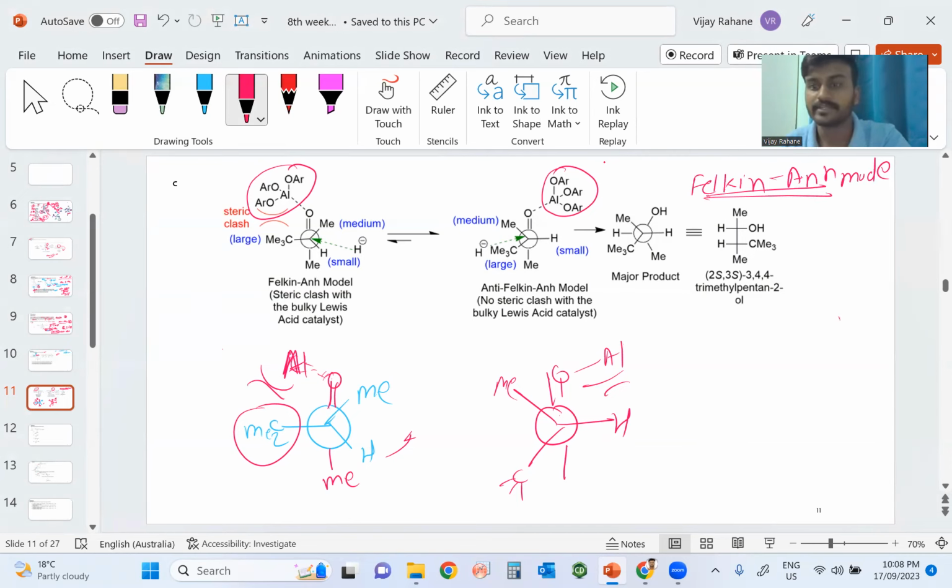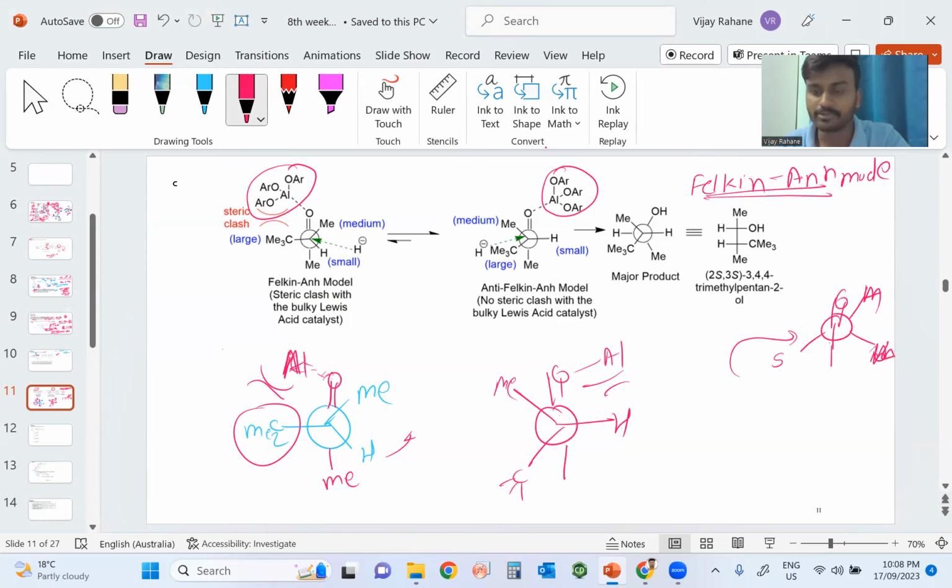In the Cram model, we generally draw a carbon like this, let's say, and the three groups we'll draw like this, a small, medium, or large group, depending on this, and we attack from the side of the small group.